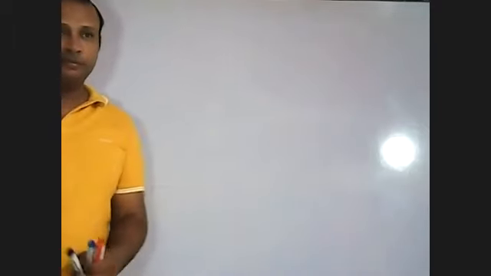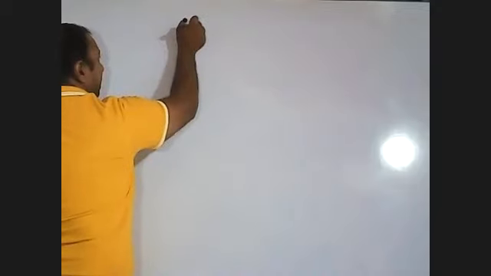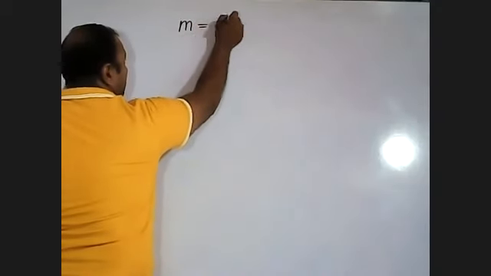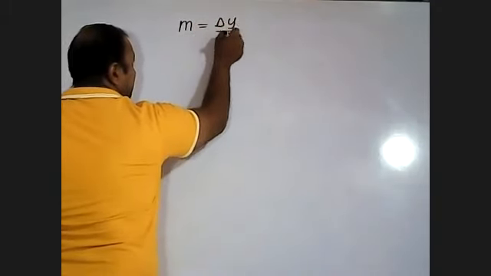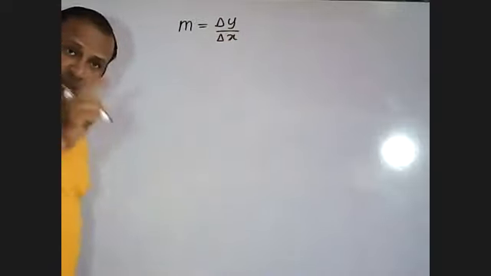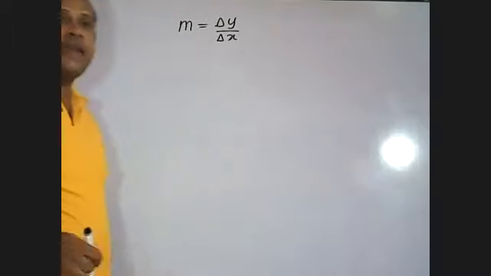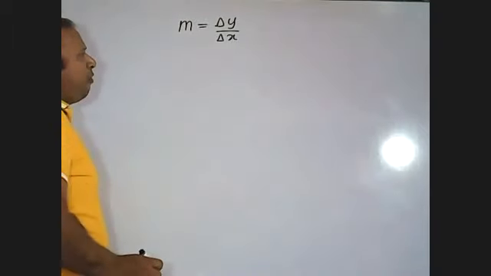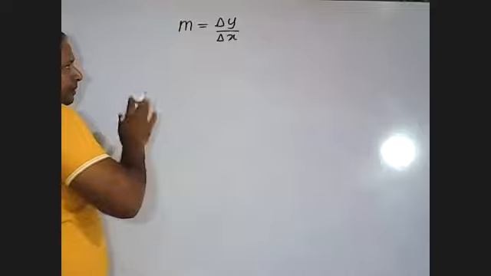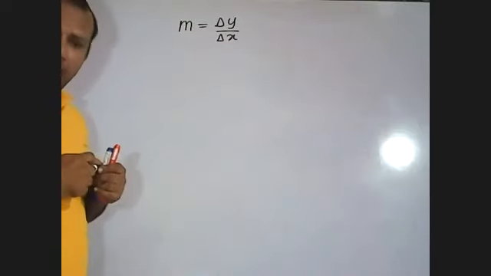Okay. Now listen to me very carefully. M is equal to delta y over delta x. Delta y means difference in y. Delta x means difference in x.